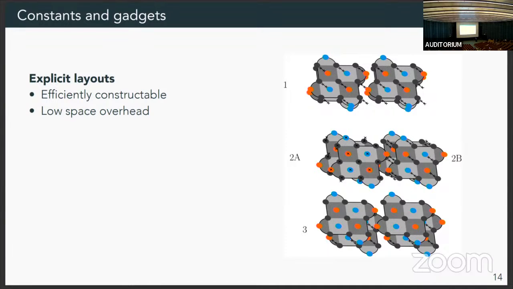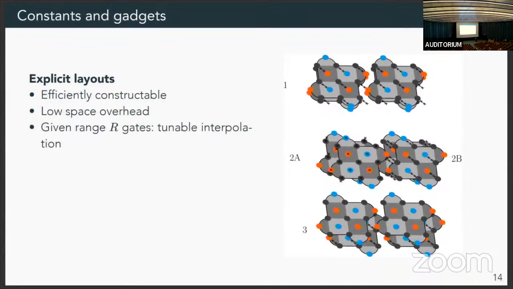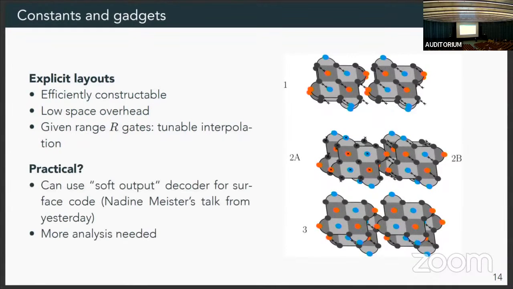If you're interested, you can take a look at the paper. We also have a tunable trade-off: if you give us a gate of some length R, which can be constant or growing, doesn't matter, we can use that to make the world smaller by a size R. So everything gets sped up by that factor. And then there's this question of whether or not it's practical.